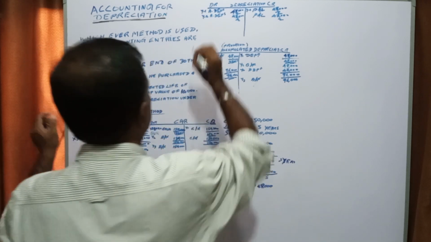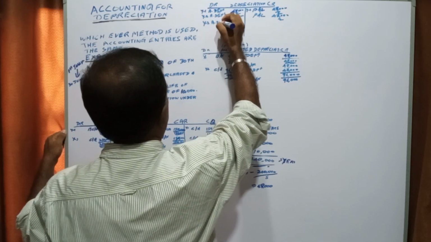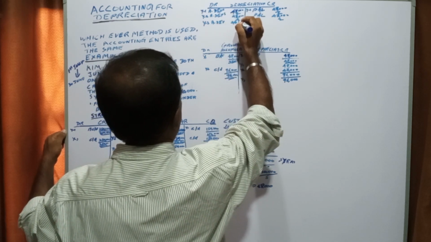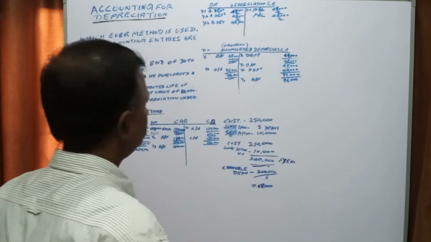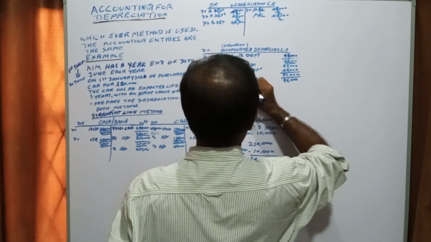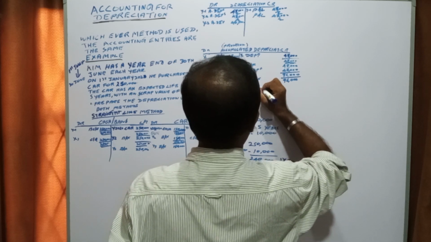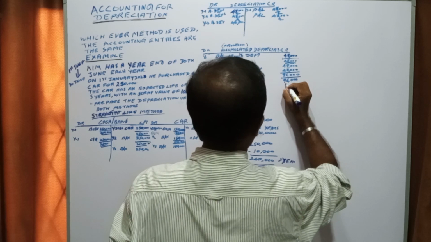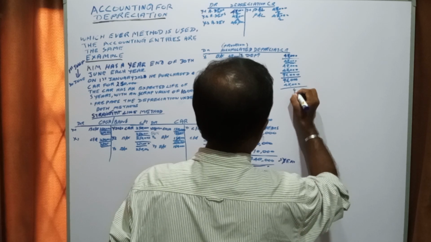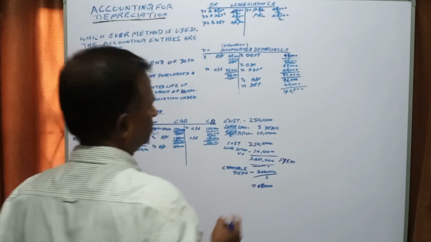So in year 3 also, depreciation account, same accumulated depreciation 48,000. Here depreciation year 3, depreciation 48,000, and 144,000.